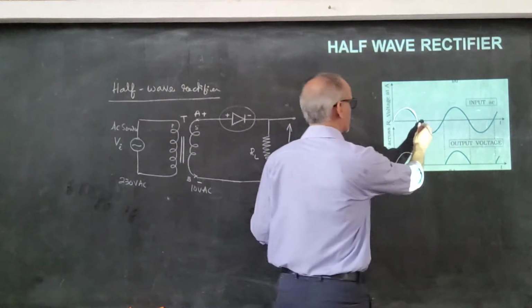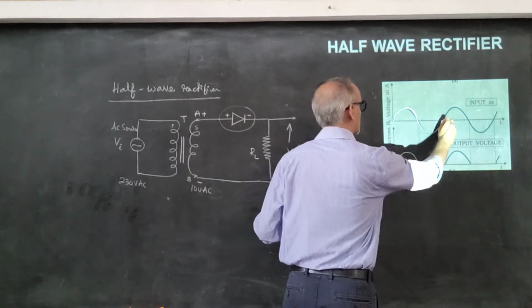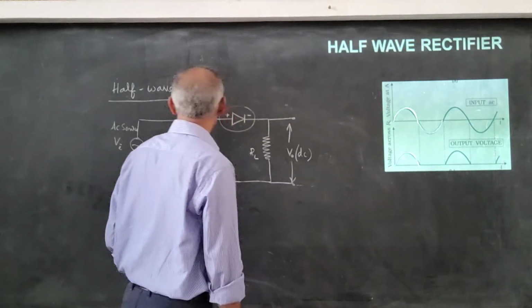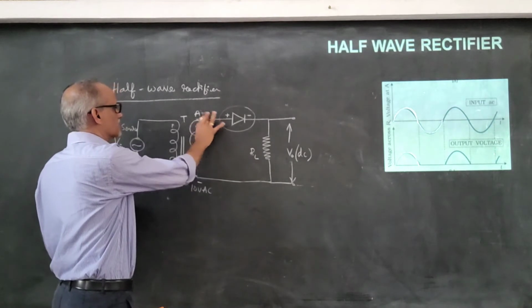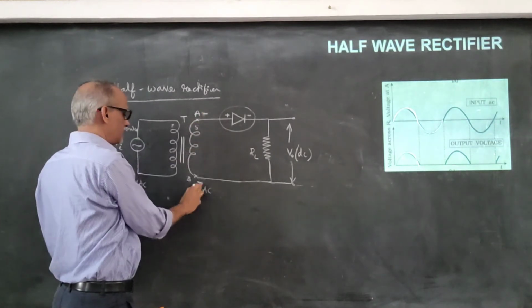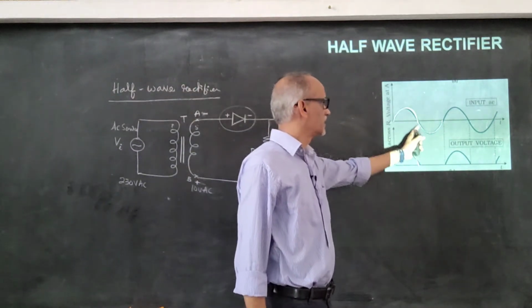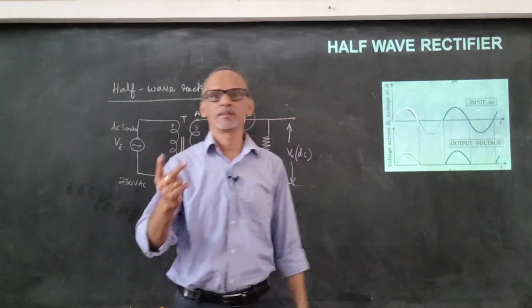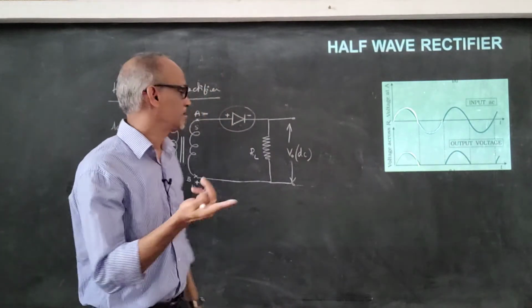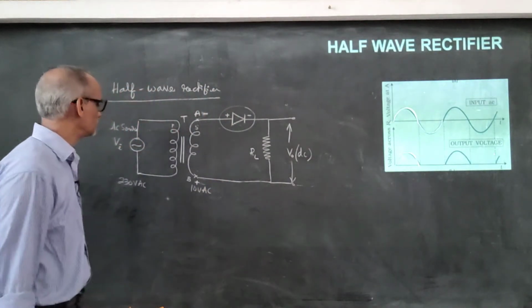For the next half of the AC, the second half, end A becomes negative and end B becomes positive, because the direction of the current reverses. The polarity of the EMF changes. Plus becomes minus and minus becomes plus.